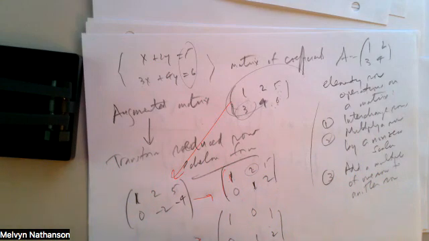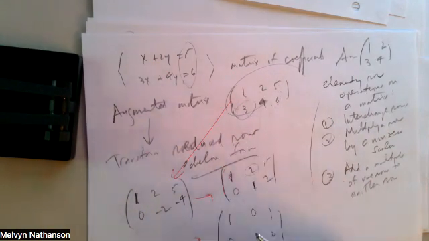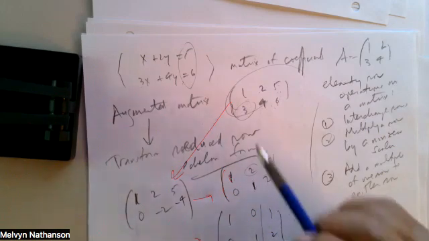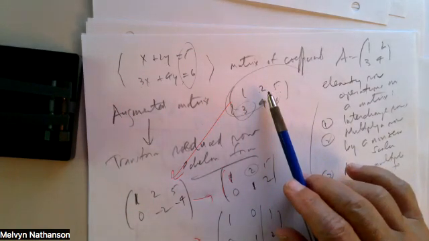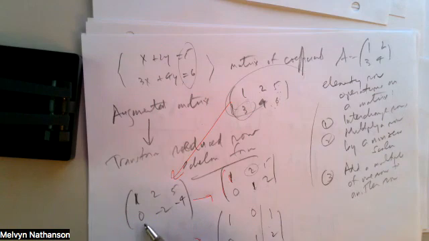And the corresponding systems of equations are equivalent. They have the same solutions. So this matrix corresponded to these equations. This matrix corresponds to the system. Oops, let's see, something's not right, so I have to double check what I did. So I had 1, 2, 5, 3, 4, 6. First row is 1, 2, 5. Second row minus 3 times the first row is 0, minus 2, minus 4. Multiply this row by minus a half. 1, 2, 5, 0, 1, 2.